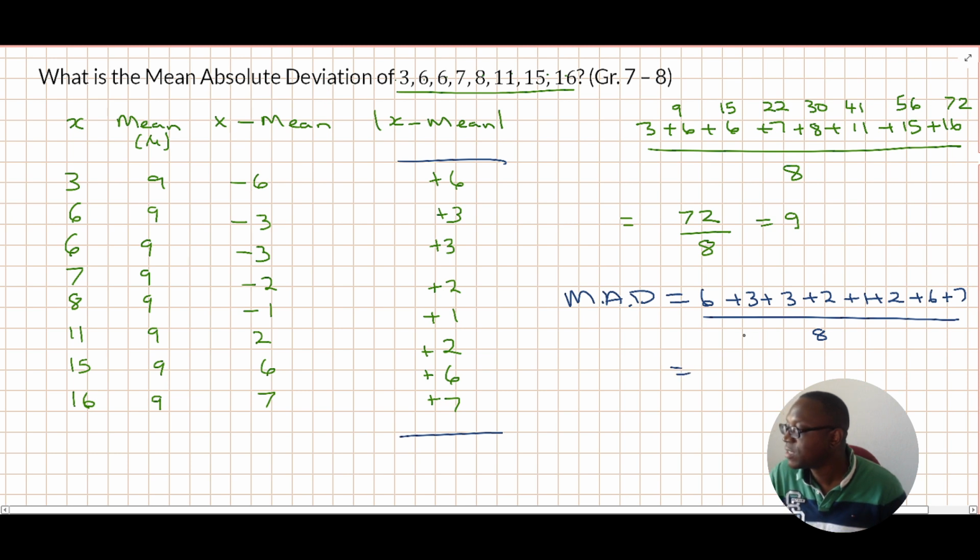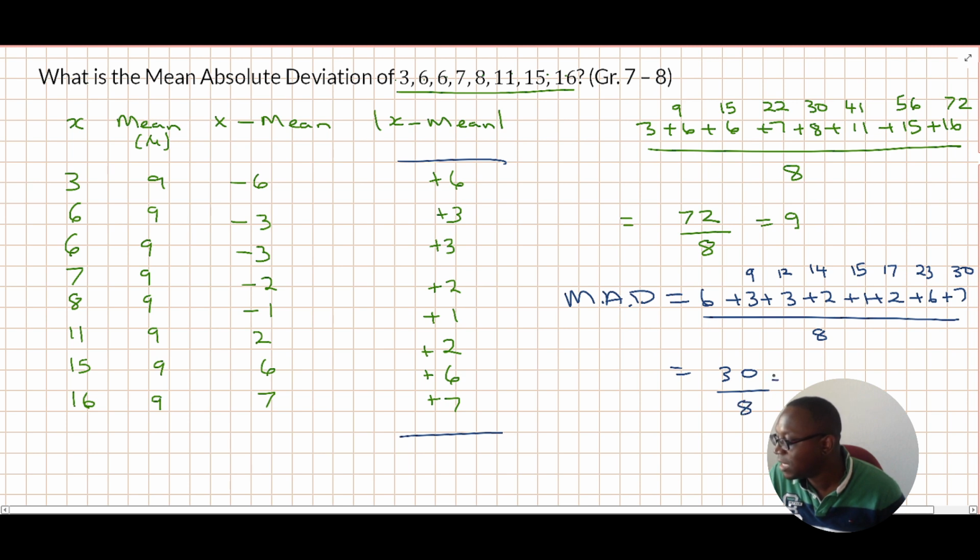So 6 plus 3 is 9, 9 plus 3 is 12, 12 plus 2 is 14, plus 1 is 15, plus 2 is 17, plus 6 is 23, plus 7 is 30. So now we're left with 30 over 8.